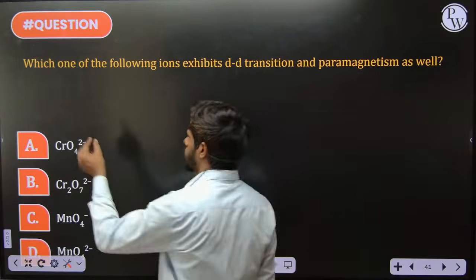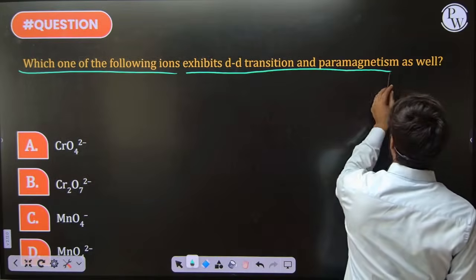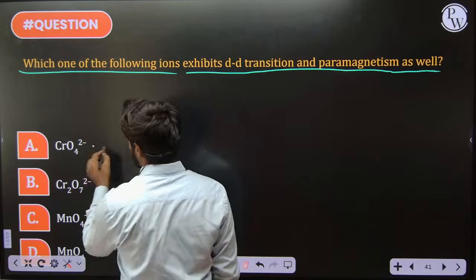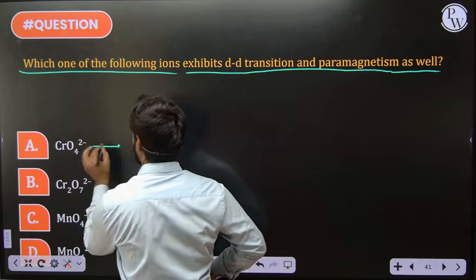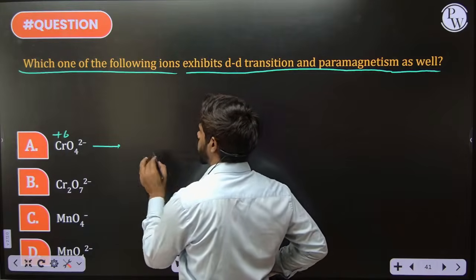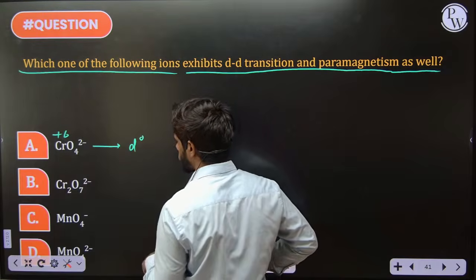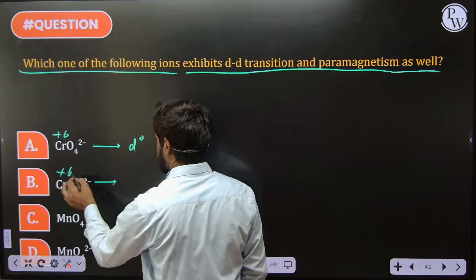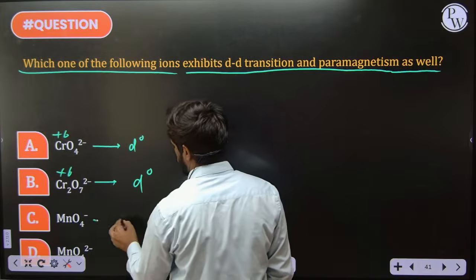Next, which of the following ions exhibit a d-d transition and paramagnetism as well? For this we check whether a d-d transition will occur or not. First of all, if we see the configuration of chromium 6+, it is d0. In this case also chromium +6, it is d0.